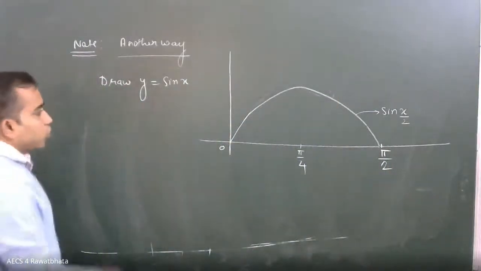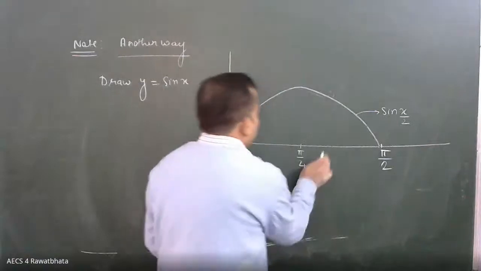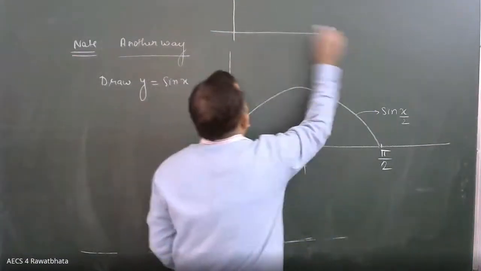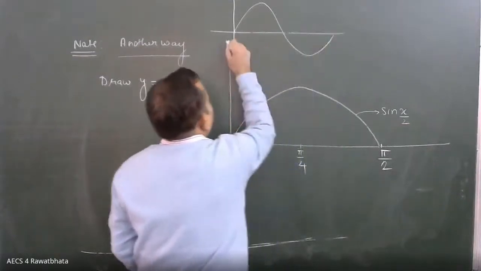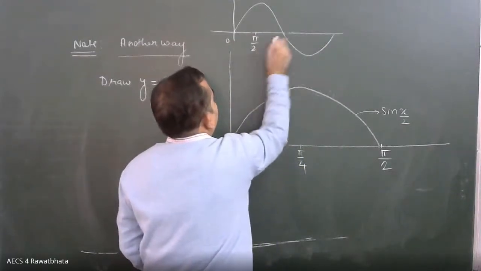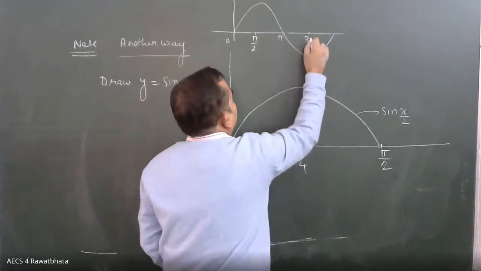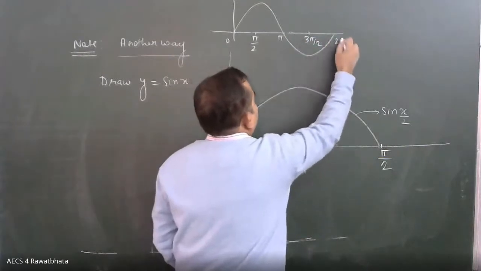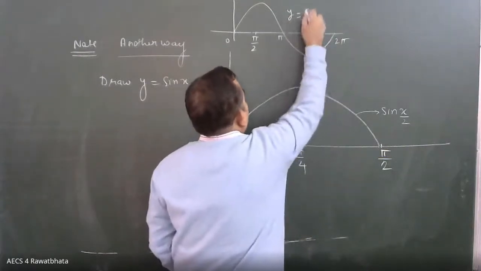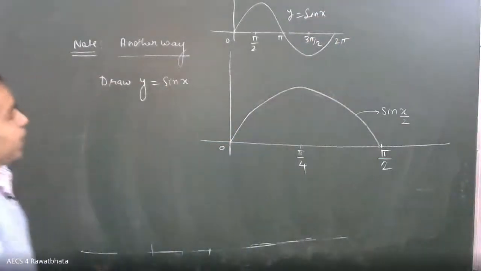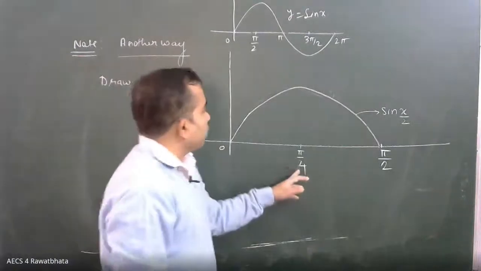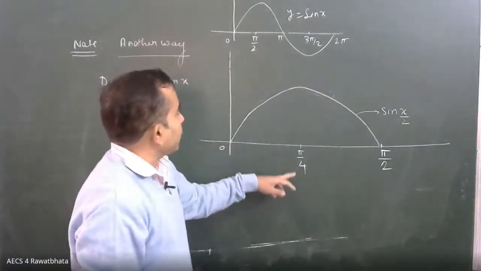If you want to draw sin, let me fix sin x curve. This is 0 pi by 2 pi, 3 pi by 2, 2 pi. This is y equal to sin x. So if you divide the points by 2, it will become sin x by 2.